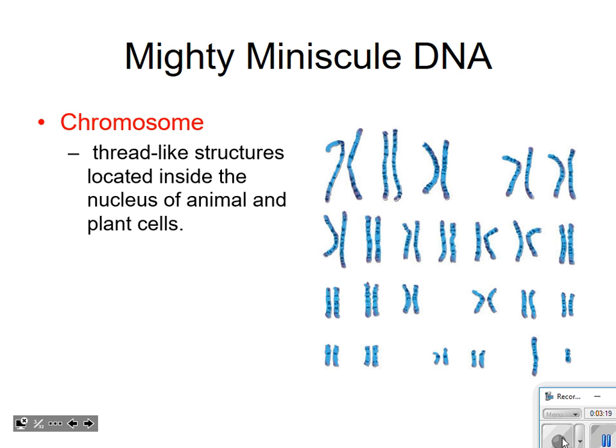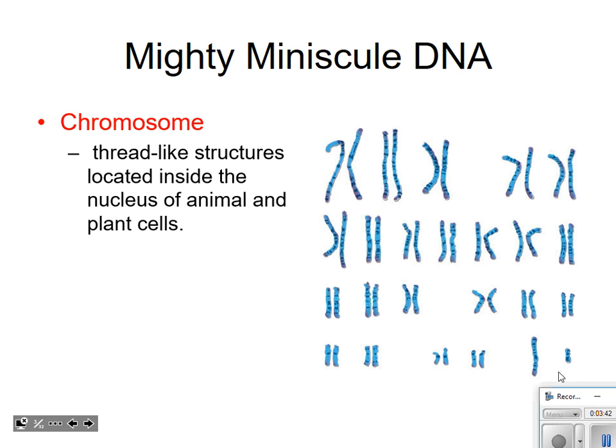Now, it states that chromosomes are thread-like structures located inside the nucleus of animal and plant cells. If you look at this, we've done this before too. This is a karyotype, a human karyotype. If you would count those, there are 22 autosome sets and one sex set right here.